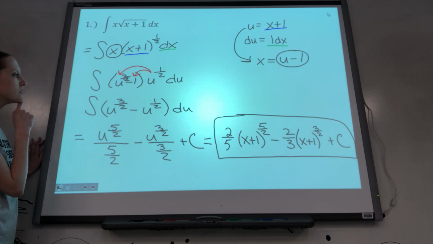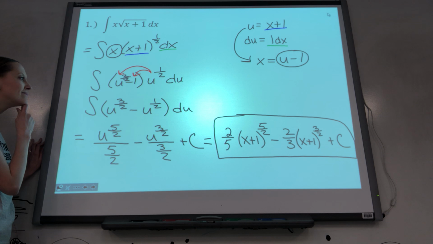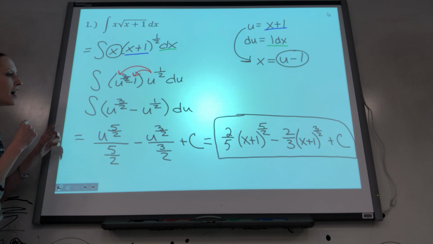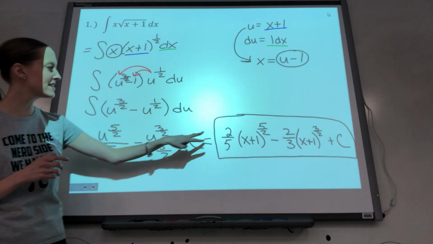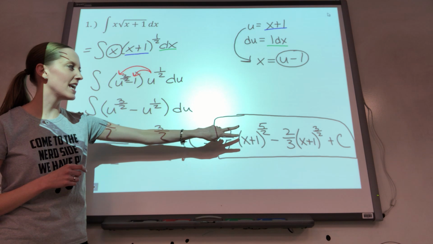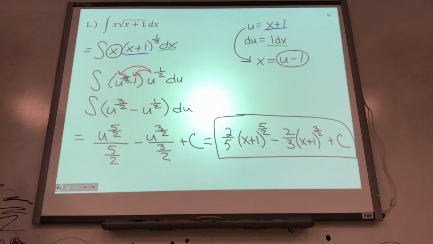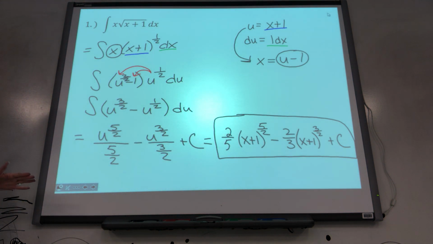U to the first power. Yeah, good question. I would say you could. Now, let me think about that for a little bit because your answer would be different. So there has to be a good reason why we can't do that.